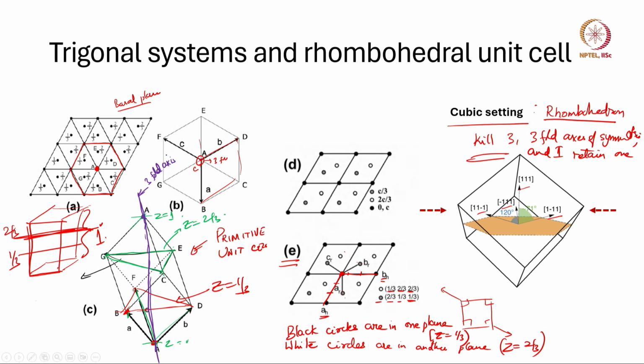There is no sixfold axis here, because of this lattice centering I lose the sixfold axis of symmetry. There is a threefold axis of symmetry, however, and with the threefold axis I can define another unit cell which retains this threefold axis of symmetry. That unit cell is a primitive unit cell, and that is what is called a rhombohedral unit cell, and this is how you define the rhombohedral unit cell.